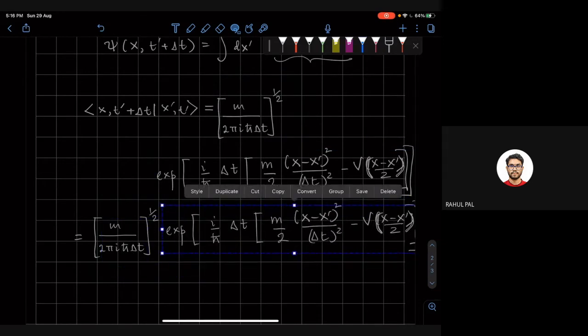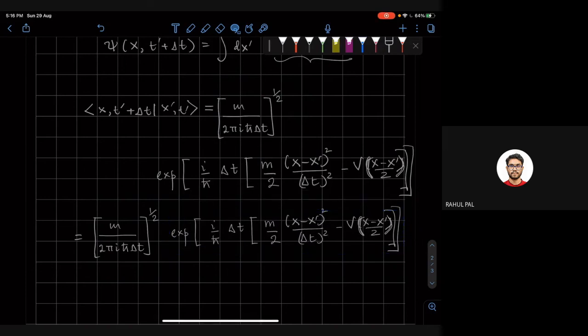If this delta t goes in, then a factor of delta t vanishes from here, and the factor of delta t will now be multiplying the potential. We can write i here and h bar here and get rid of this bracket. Okay, so I'm just doing something trivial.